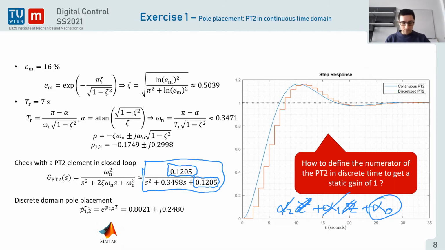Here our static gain is 0.1205 divided by 0.1205, so it's 1. So in continuous time, you always take the denominator evaluated at s equals 0.